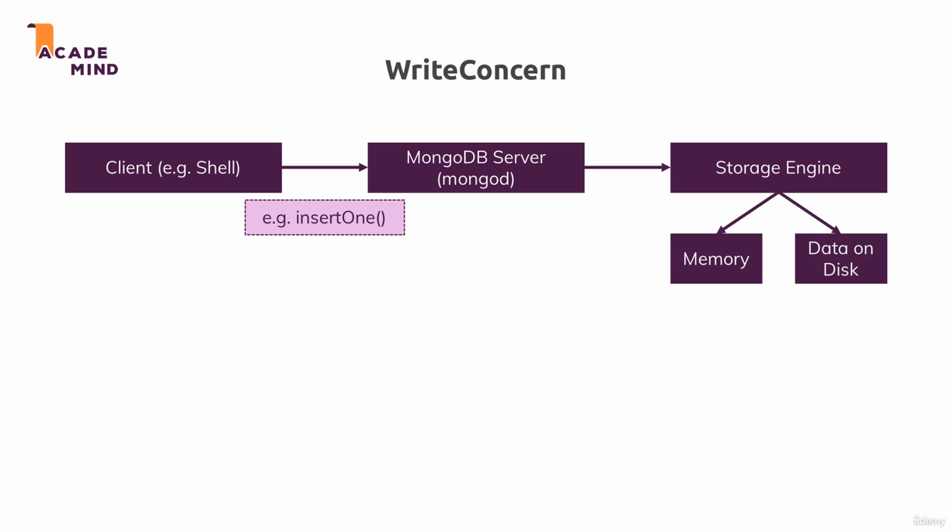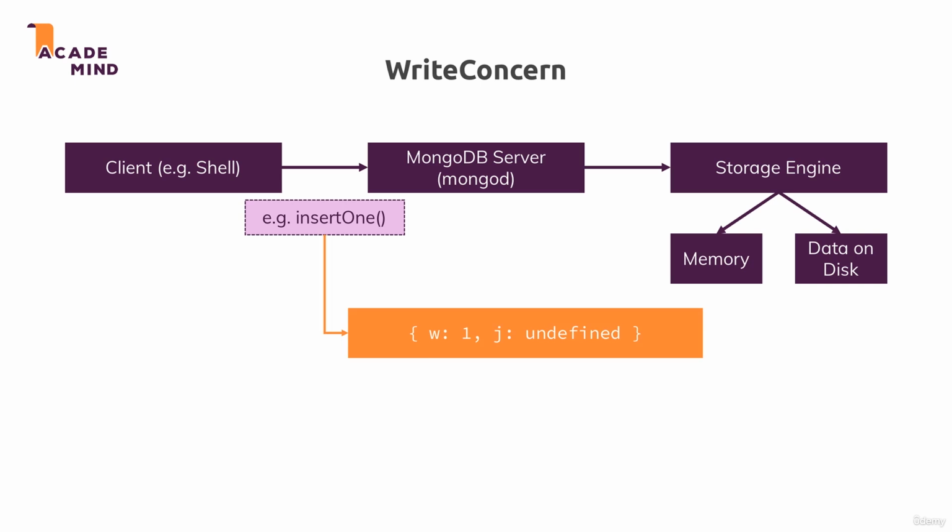Now you can configure a so-called writeConcern on all the write operations like insert one with an additional argument, the writeConcern argument, which is in turn a document where you can set settings like that. Now what does this mean? The w simply means write, and the number here indicates to how many instances, in case you're using multiple instances on one server.